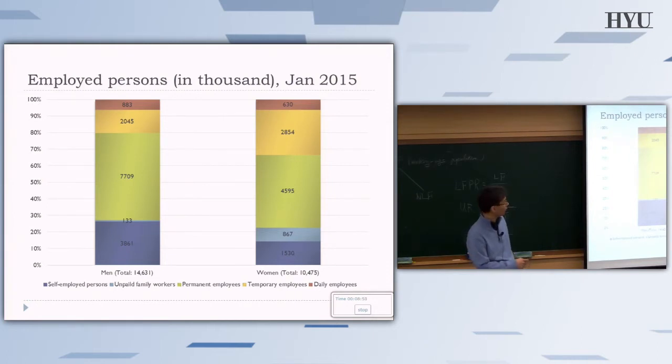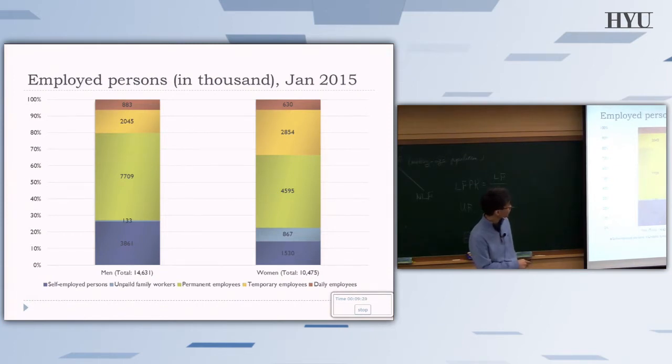For men, the largest group is obviously permanent employees, about 55% of all men, and we have a very small number of unpaid family workers. Then we have a little more than 25% self-employed men, so 27 or something.